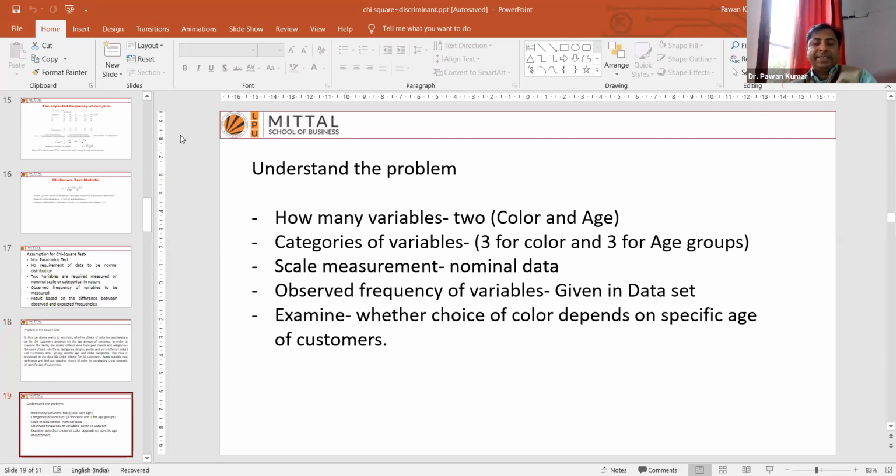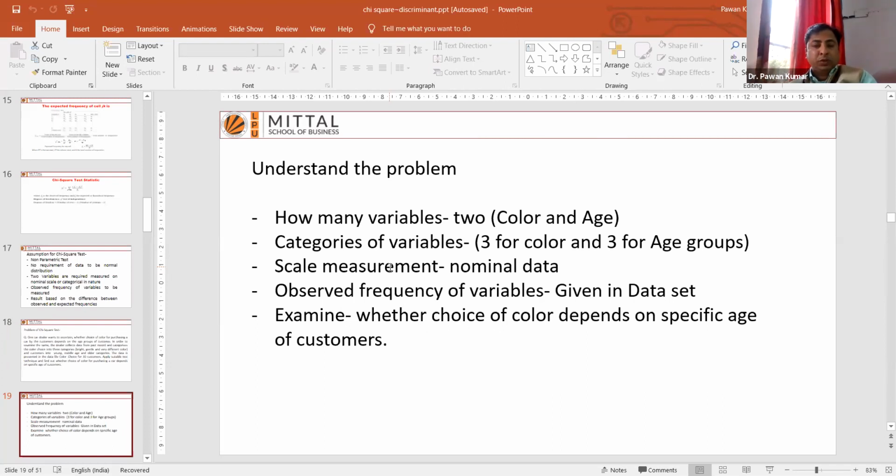Okay. And scale of measurement, which we discussed on the very first day: if in your questionnaire most of your data is categorical or nominal, then you cannot go for a parametric test, and you only have the option to go for a non-parametric test.